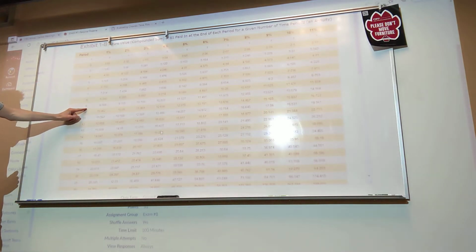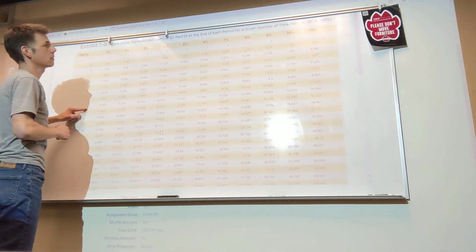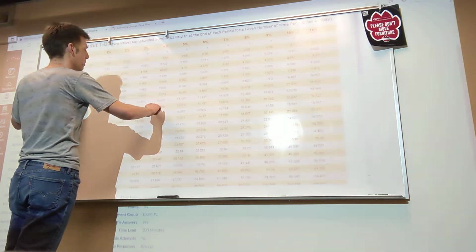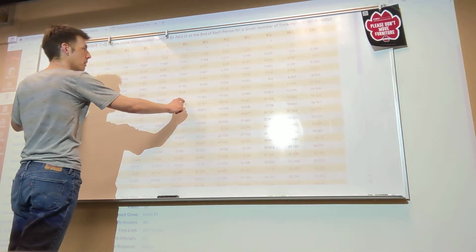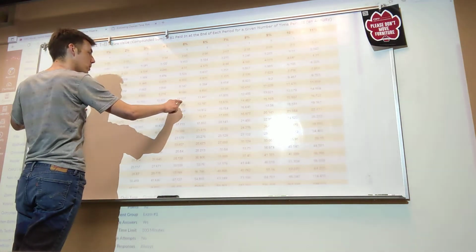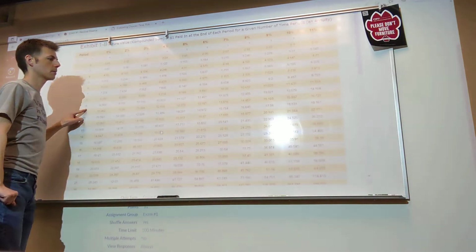So the $1 paid at the end of each year, this is how much I would have given I'm able to earn interest at 5%. So that is the future value of the annuity, right?